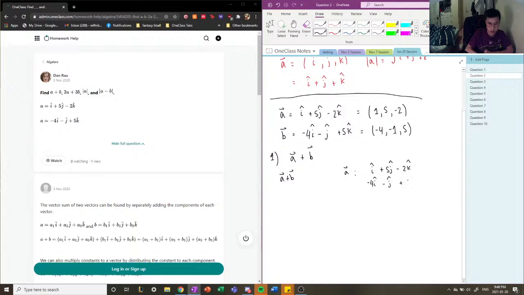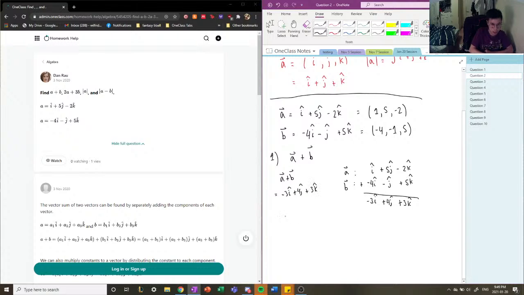So we put an addition sign, and we're going to add them. i minus 4i is negative 3i. 5j minus j is 4j. And negative 2k plus 5k is going to be 3k. So the vector A plus B is going to be negative 3i plus 4j plus 3k.